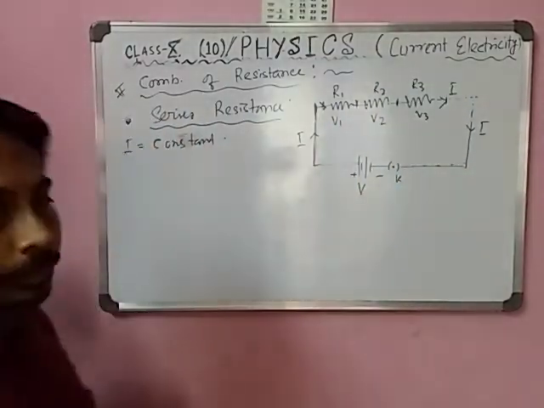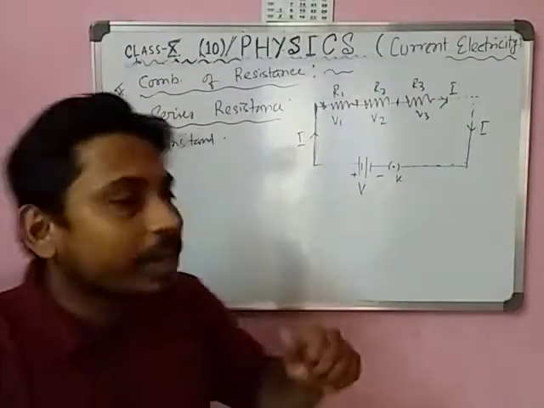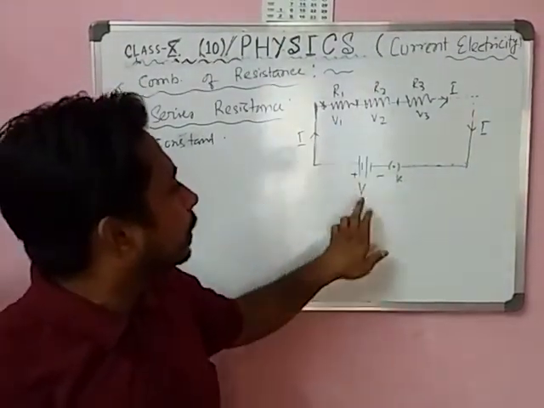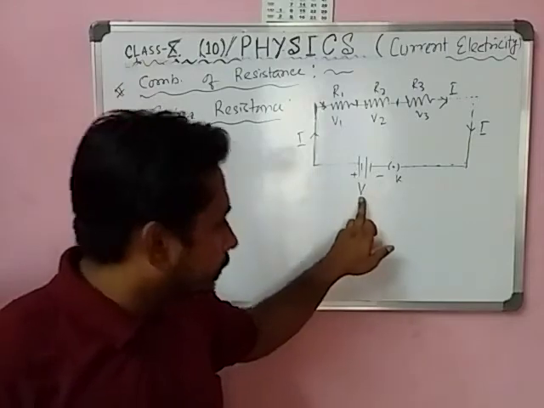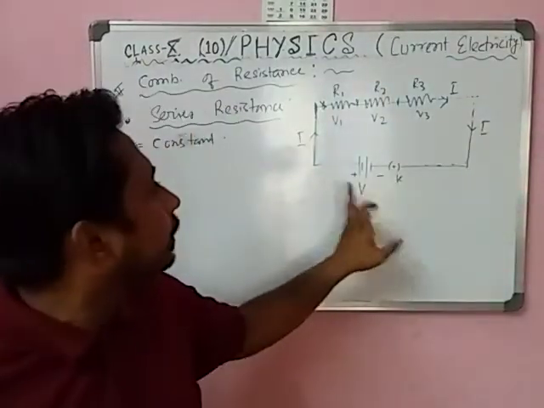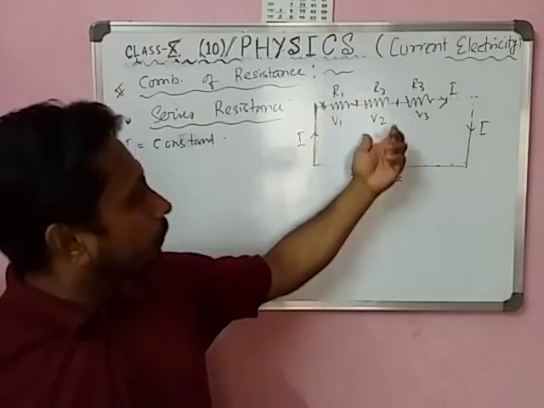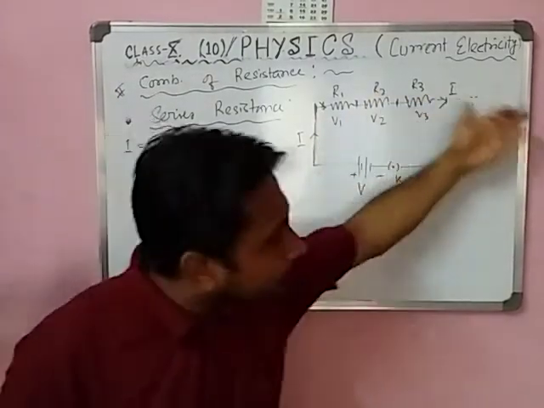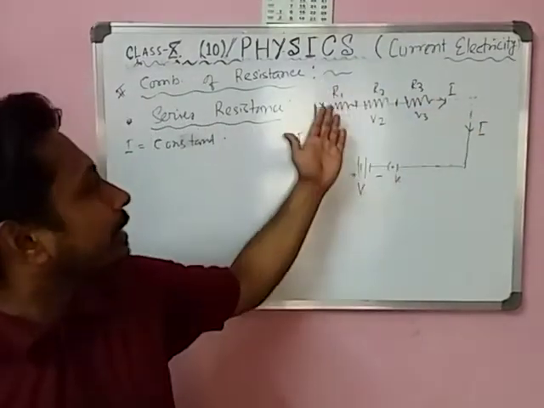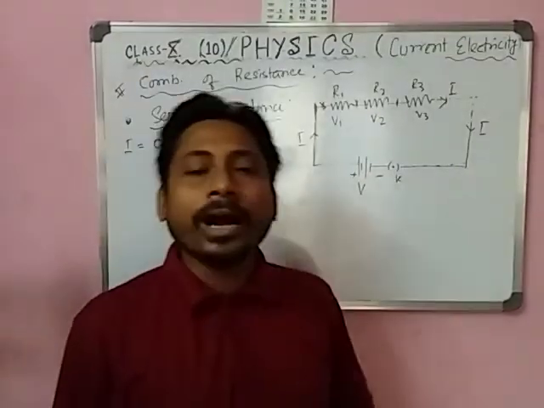Understood? So see, students, potential drop means that if V is the total potential, then this V will divide into V1, V2, V3 and so on as per the resistance offered by the conductor.